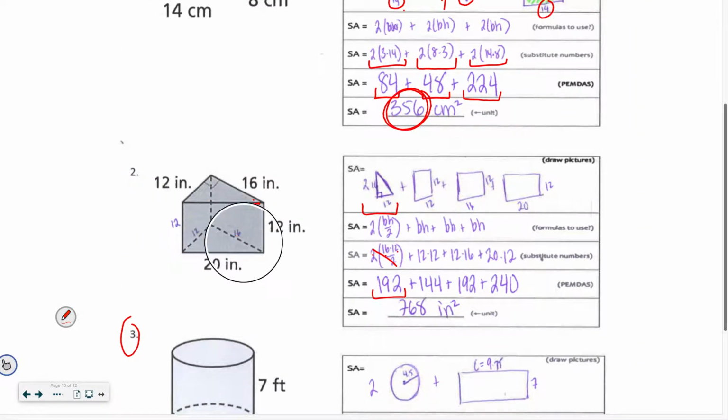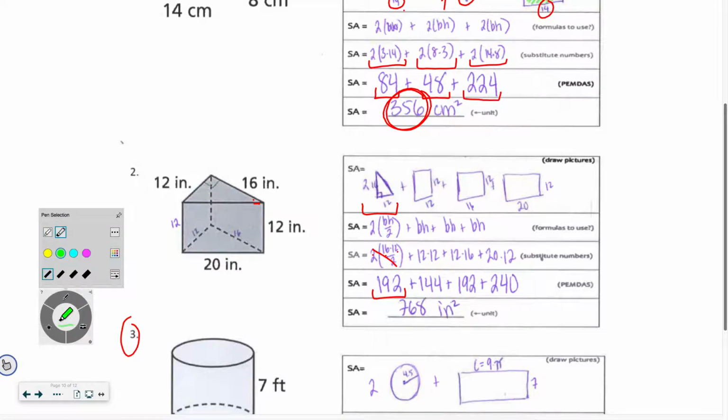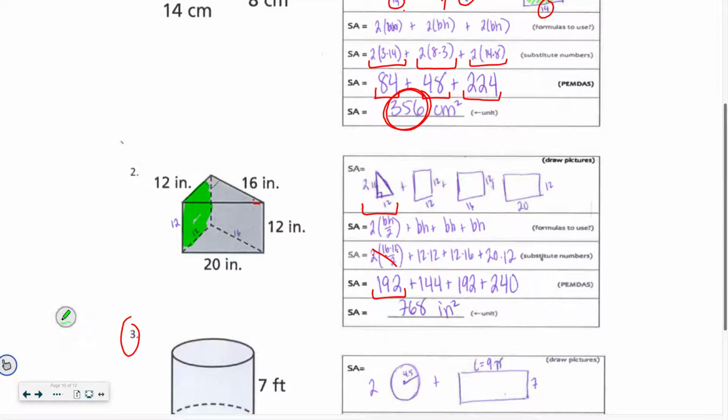Next, we have the fact that there are some rectangles here. Those 3 rectangles are all different rectangles. So, for example, this one here on the side looks like 12 by 12. Isn't that my first one here? Okay, so 12 by 12 makes 144.